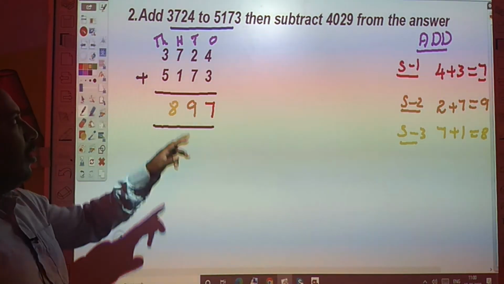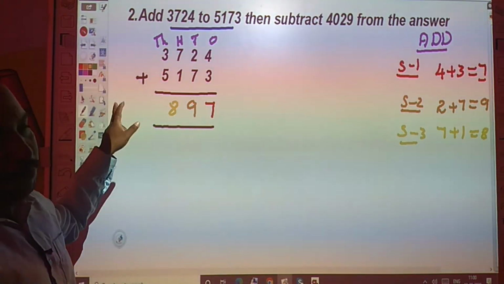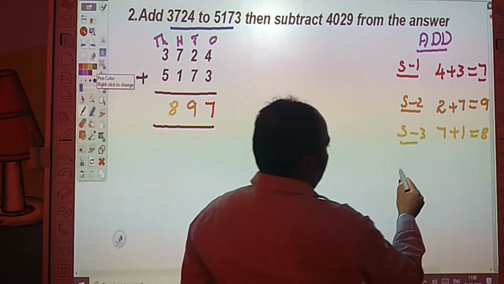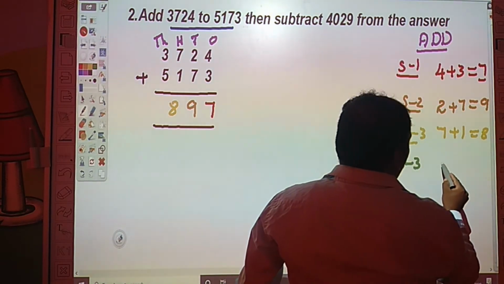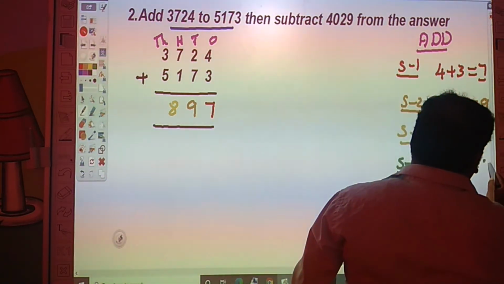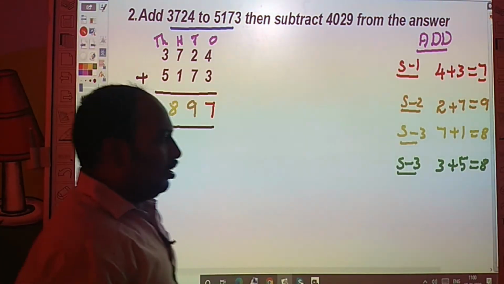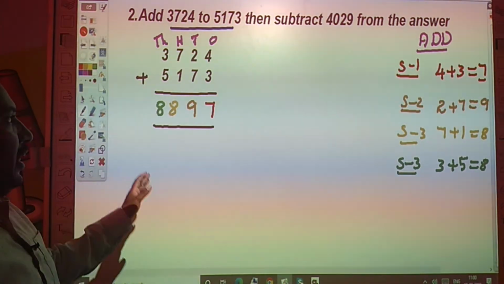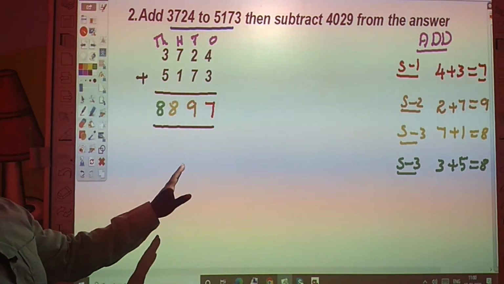The next is the thousands place. Step 3: 3000 plus 5000 is equal to 8000. 8000 is written in the thousands place. So our answer is 8897.